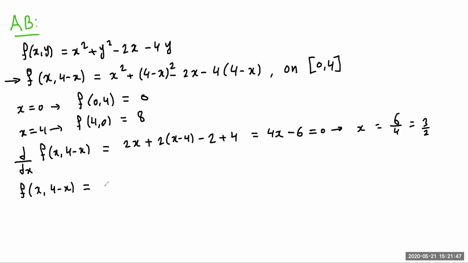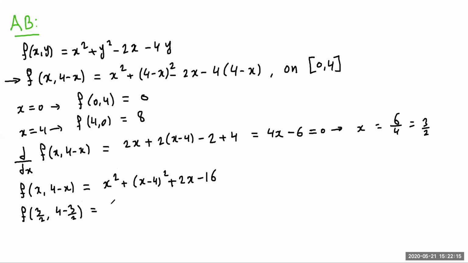So it's x² plus (x minus 4)², then here 4x minus 2x, 2x, minus 16. So now let's give x = 3 over 2. What is f(3/2, 4 minus 3/2)?